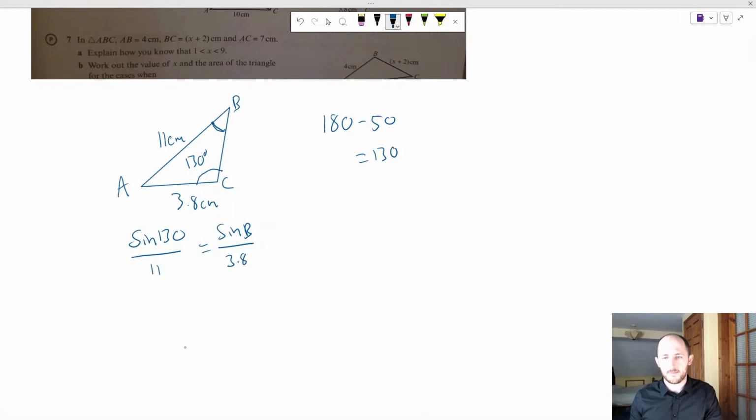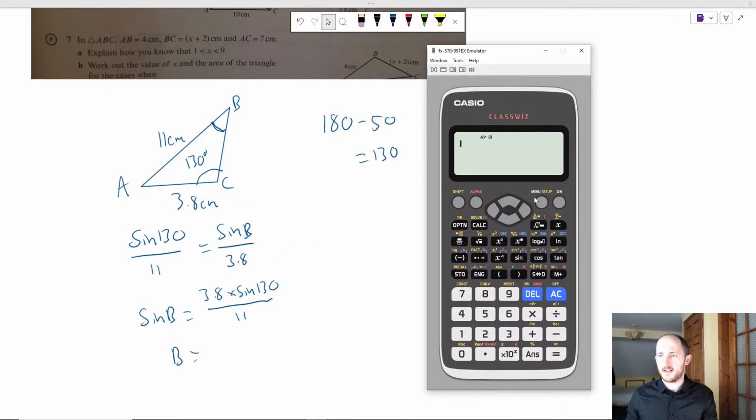So sine b is equal to 3.8 times sine 130 over 11. And then I'm going to do the inverse sine of the answer. So let me get my calculator up. Ignore this, I was doing some stats earlier.